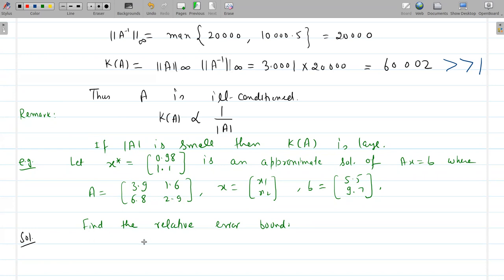So relative error bound is this: x minus x star. You can take any norm, but I am taking infinity norm.